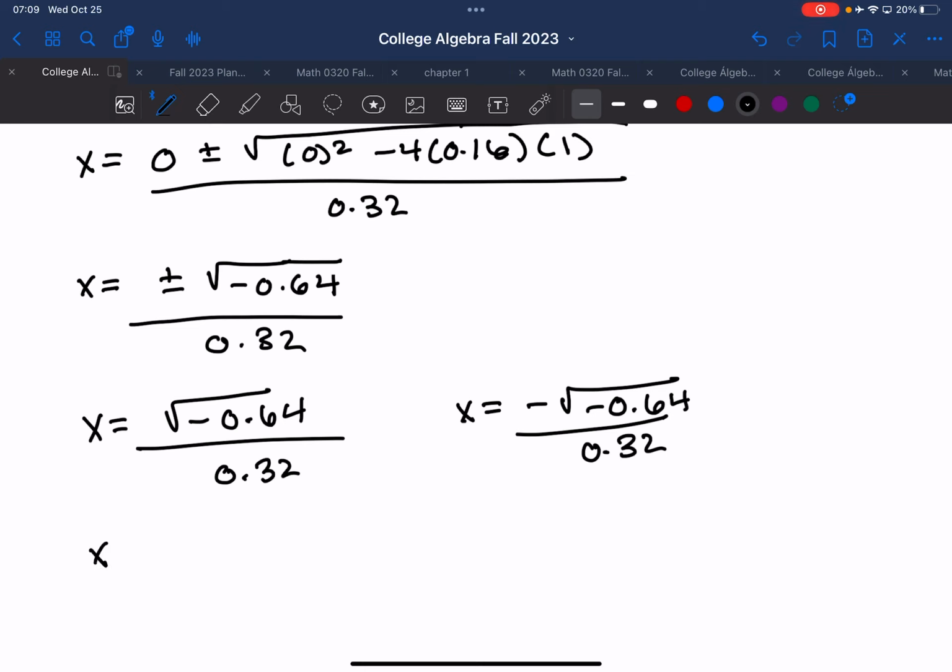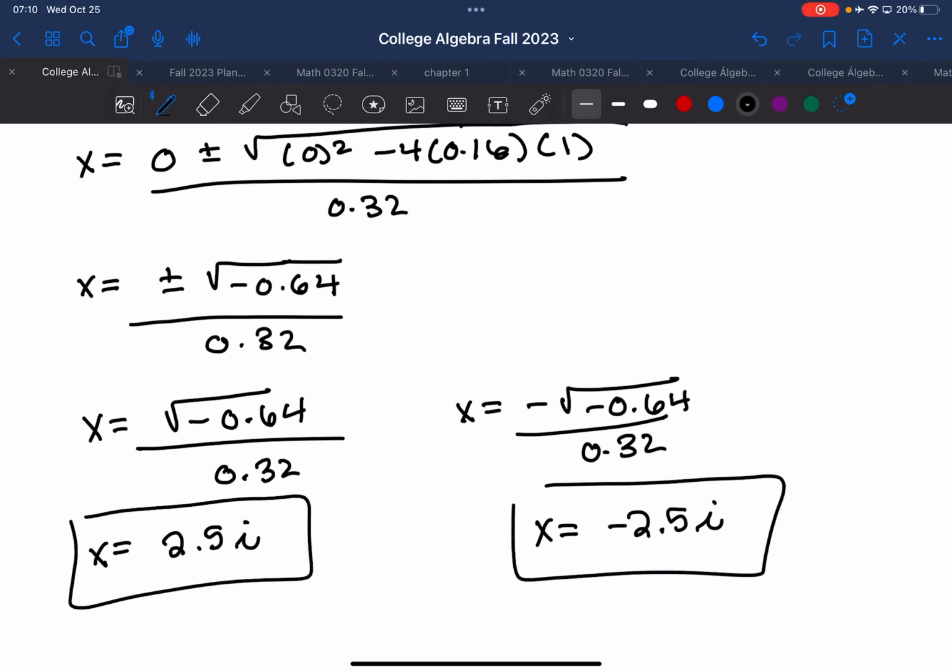So the first one, you should have got 2.5i and negative 2.5i. Because in your calculator, when you take the square root of 0.64, you should get 0.8, and then 0.8 divided by 0.32 gives you that 2.5.